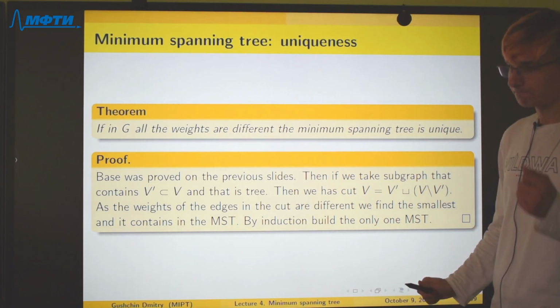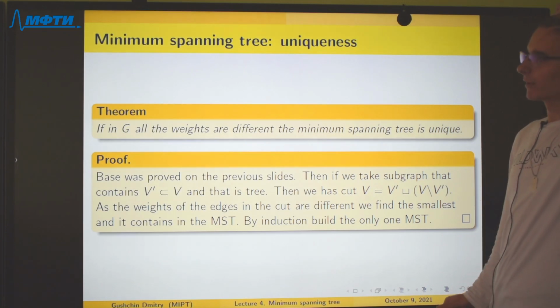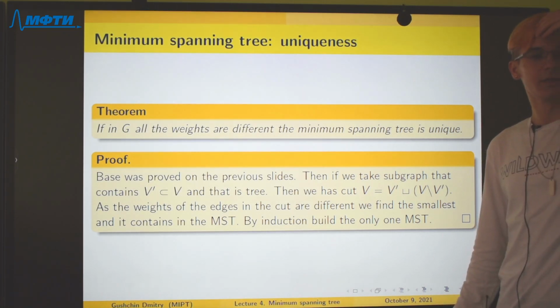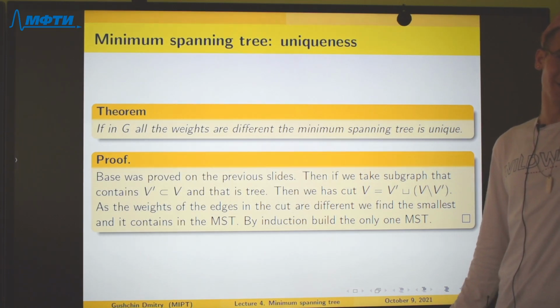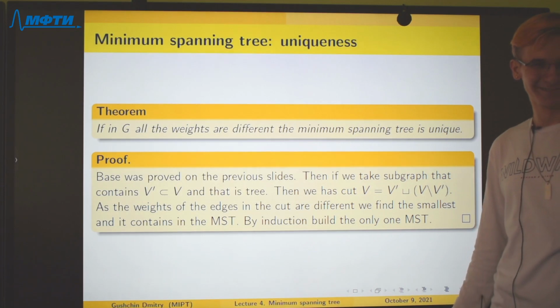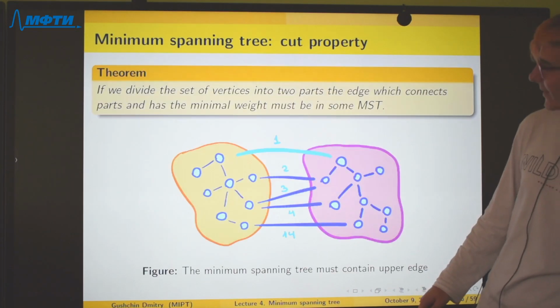Why can we say that there is only one minimal spanning tree? Of course, it is simple to imagine, but it can be not simple to prove. Can you prove it without text on the slide, for example?